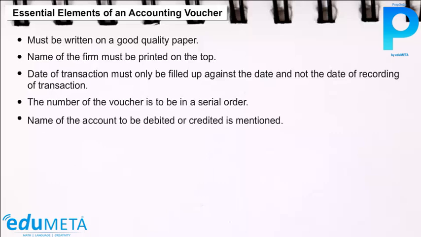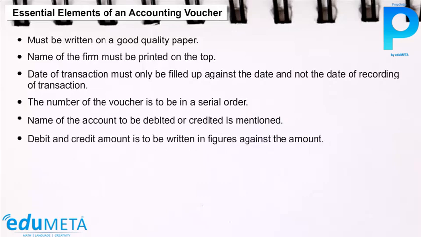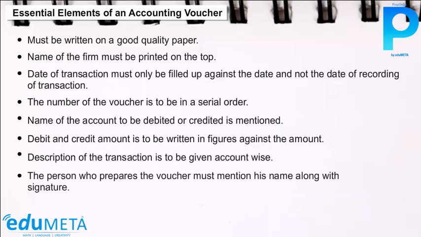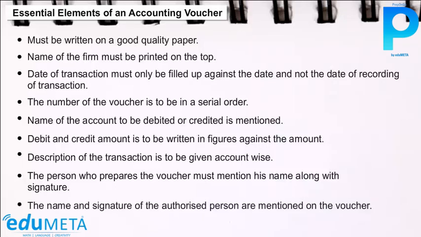The name of the account to be debited or credited is mentioned. Debit and credit amounts are to be written in figures against the amount. The description of the transaction is to be given account-wise. The person who prepares the voucher must mention his name along with signature, and the name and signature of the authorized person are mentioned on the voucher.